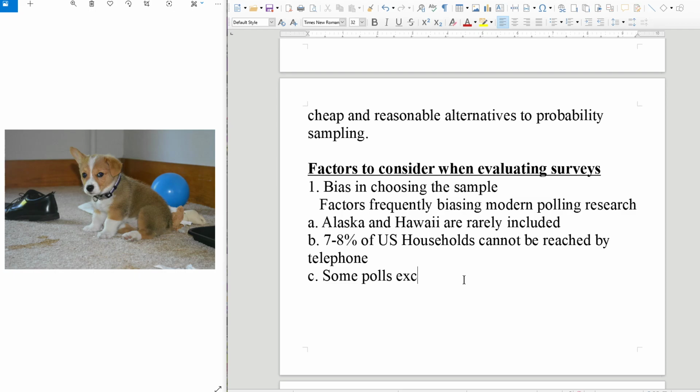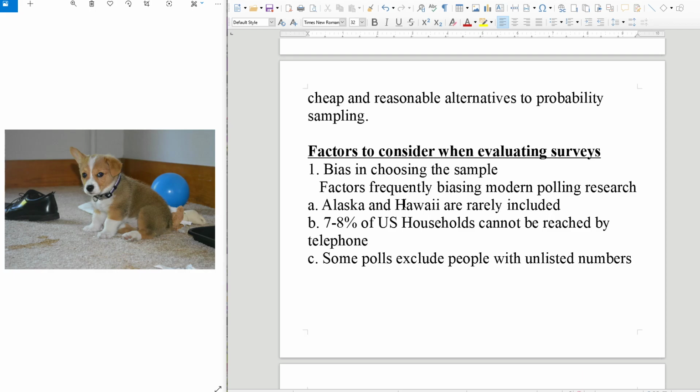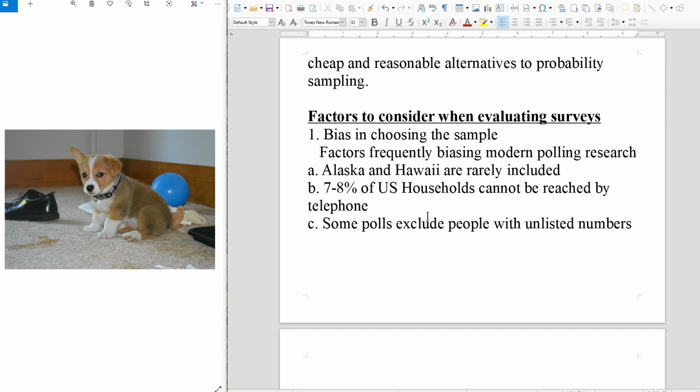Some polls exclude people with unlisted numbers. So the cheapo polls really do get out the phone directory and then call people up from that. The good polling firms do not do that.